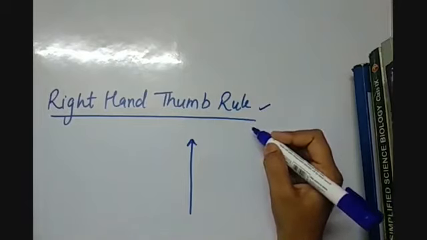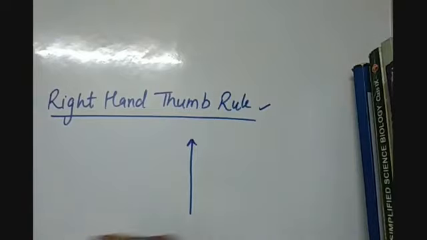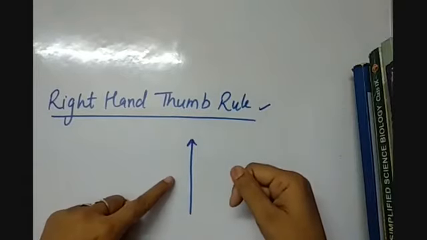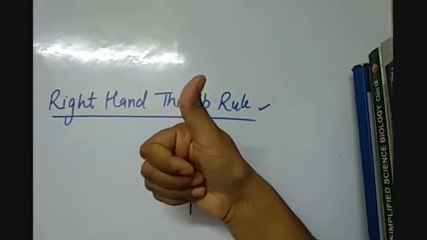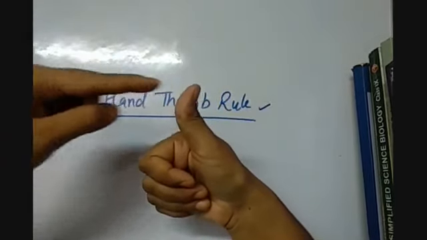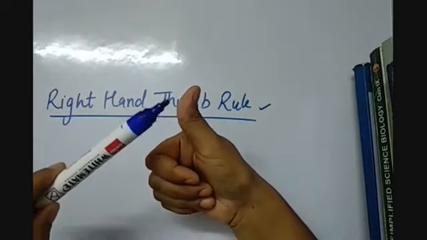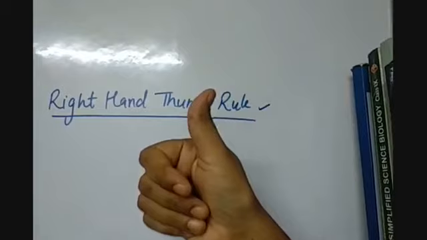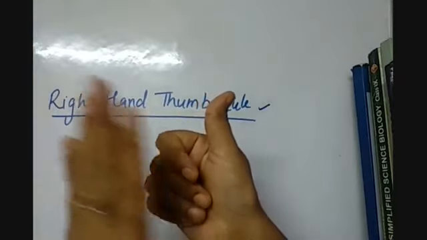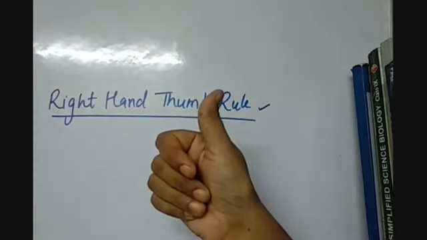According to this rule, when the conductor is imagined to be held in the right hand in such a way that the thumb points in the direction of the current, then the curls of the fingers will give the direction of the magnetic field around the conductor.